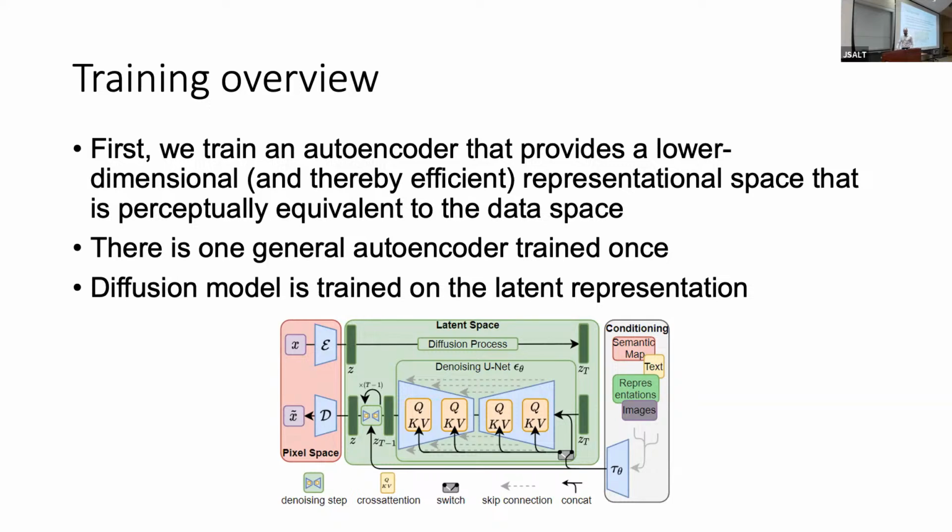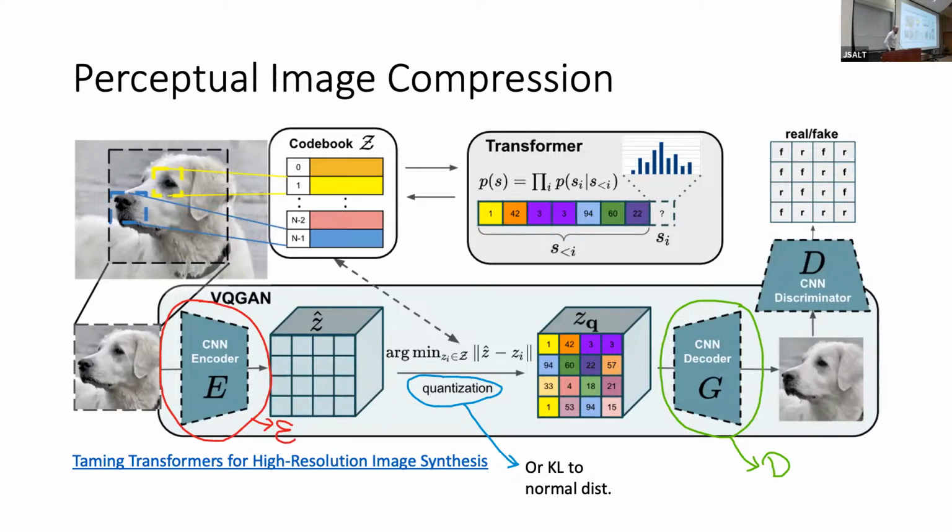Some of the details: this is actually the original encoder-decoder that they used in the original Stable Diffusion, which is Taming Transformers for High-Resolution Image Synthesis, aka VQGANs, vector quantized GANs. What is it? A is adversarial, N is network, and G is generative.